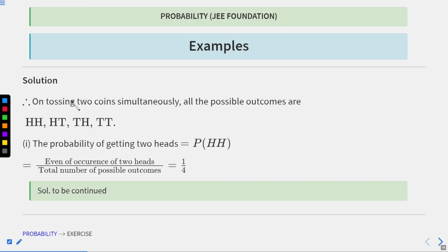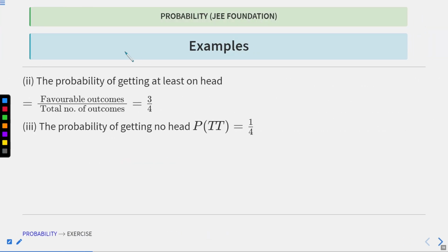So in the first case, 1 by 4, the sample space is head head, head tail, tail head, tail tail, and the probability of getting two heads is only 1 by 4. The probability of getting at least one head, that means head tail, tail head, and head head, so 3.